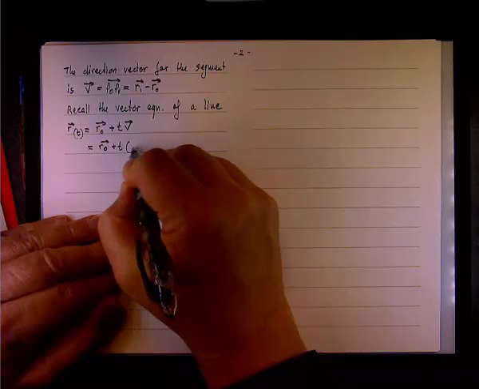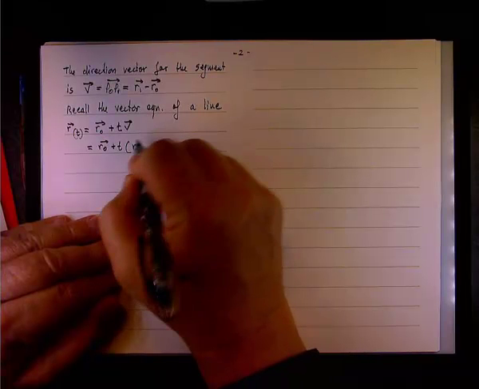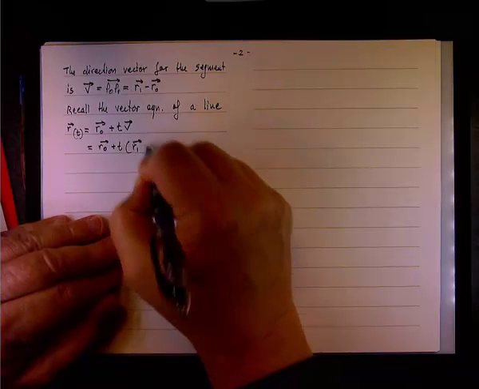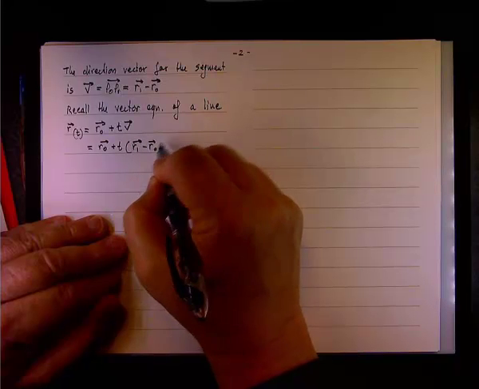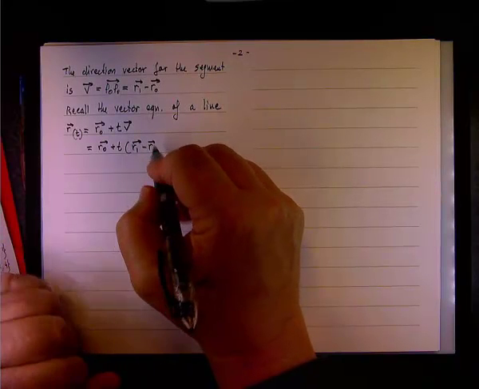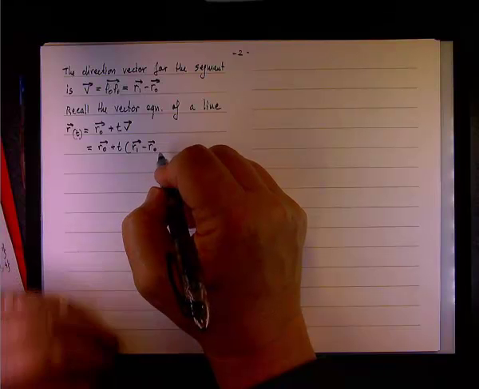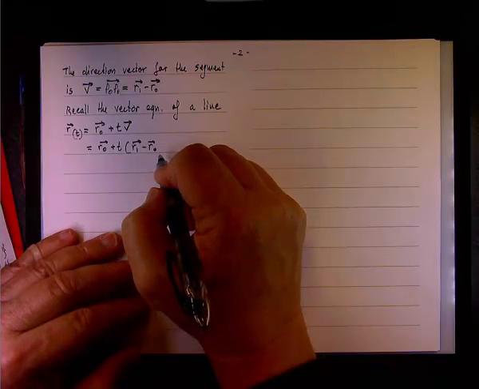But v is the difference of these two vectors, so we can write it as r sub 0 plus t times, t is the scalar, r sub 1 minus r sub 0.